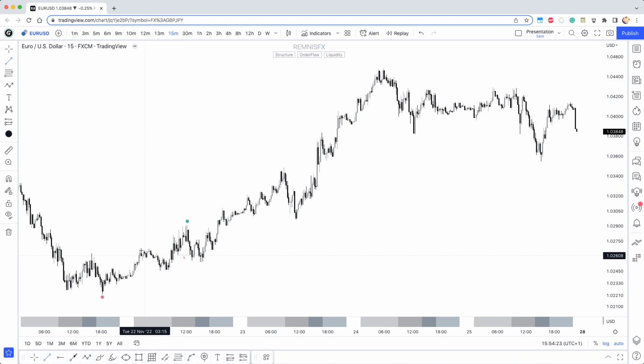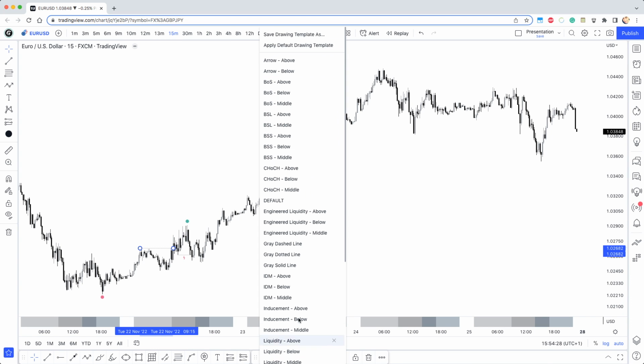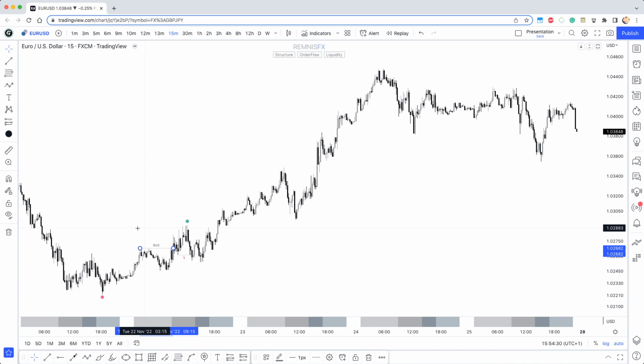And these are all wrong markings of break of structure. These are not real breakout structures, because, as you have watched in my previous videos on structure mapping mechanically, in this area there was not once price taking out or liquidating.